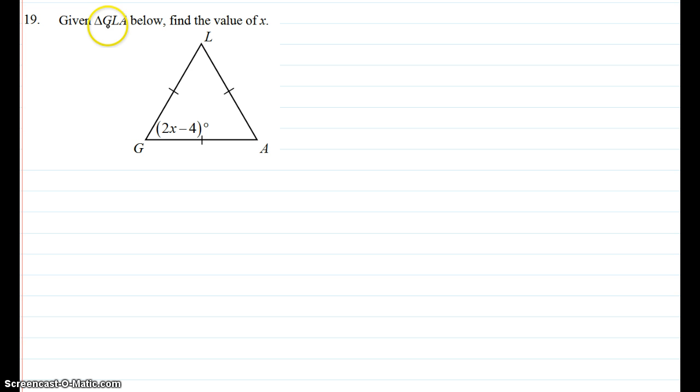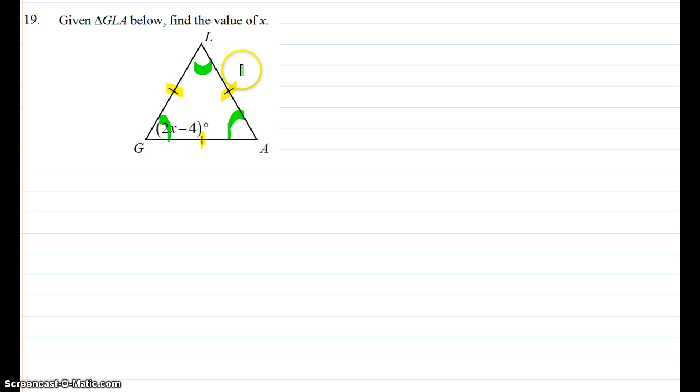For number 19, we have triangle GLA. Find the value of x. As you look at the picture, we have this side congruent to this side, but also this side. So when we have a triangle with 3 congruent sides, it means it's an equilateral triangle. Since it's equilateral, this angle and this angle are all going to be the same.